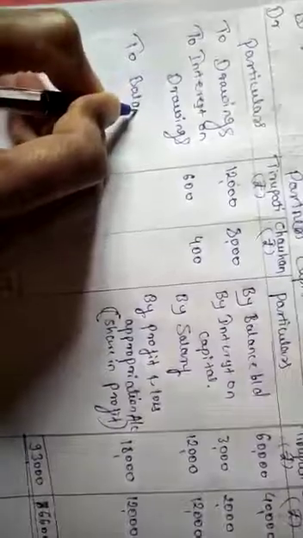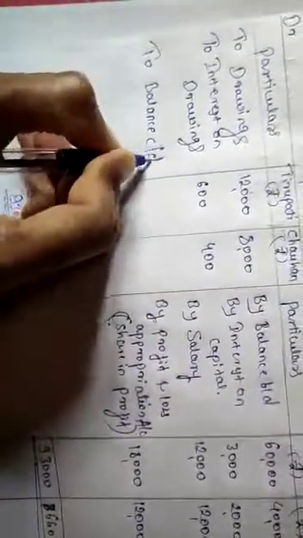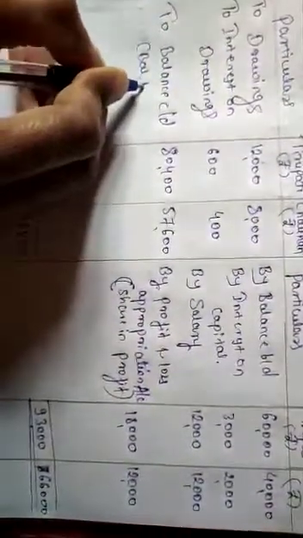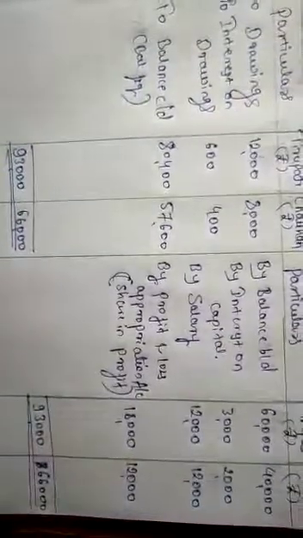Now the difference is called balance carried down, the balancing figure. Tirupati's difference is 80,400 and Chauhan's difference is 57,600. These are the balancing figures. This is the partners' capital account under the fluctuating capital method.